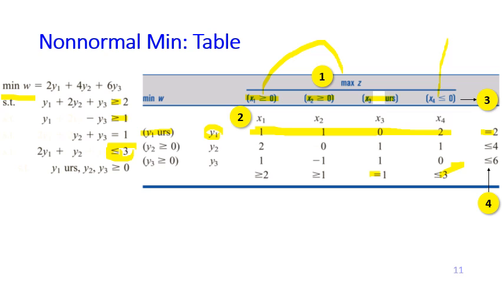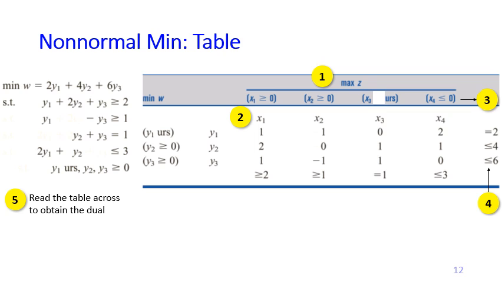The second constraint in our dual comes from the second variable in our primal. The second variable in primal is a normal variable, so the sign of our second constraint is also normal. For maximization, the normal sign is less than or equal to. The third constraint comes from the third variable in the primal. The third variable is a normal variable, so the constraint is also normal, which in maximization has the sign of less than or equal to.